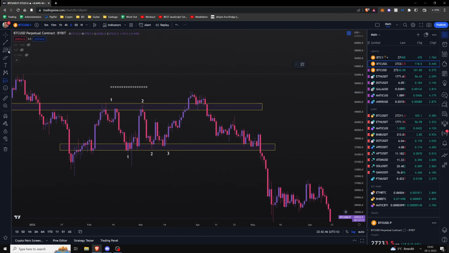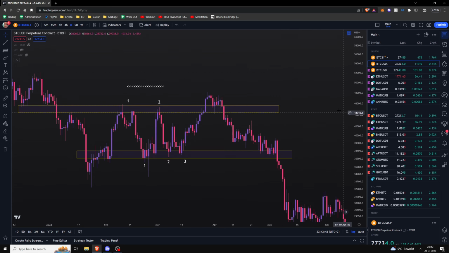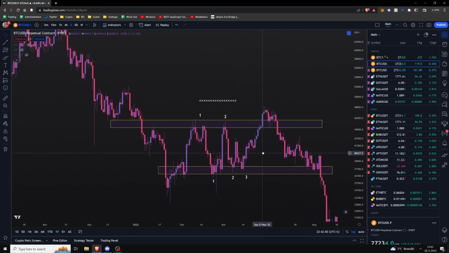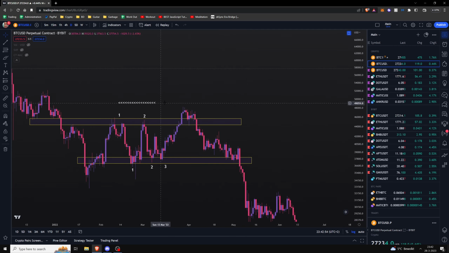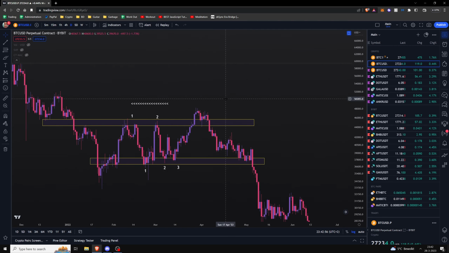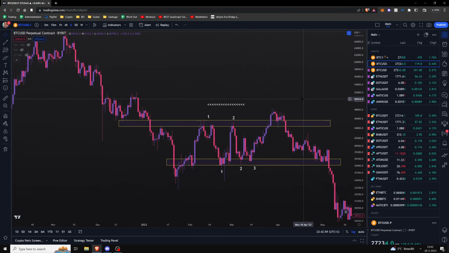You know, it didn't go very far, and that's why we look for what we call retests, right? So a lot of the time, and this isn't always, but a lot of the time, when you break a support or resistance line, you will get a retest.